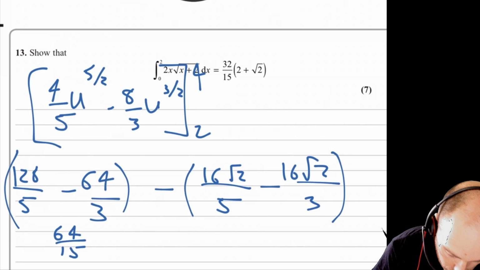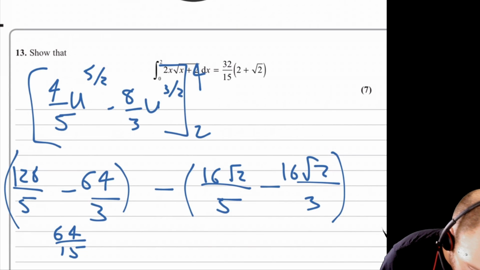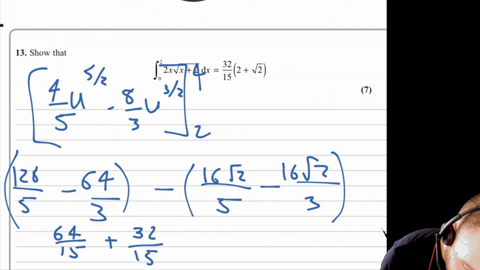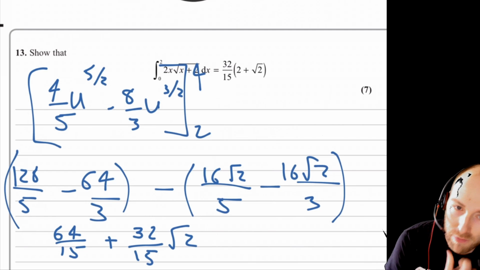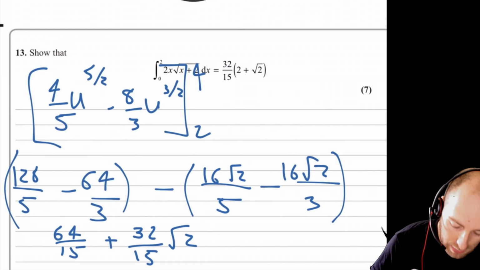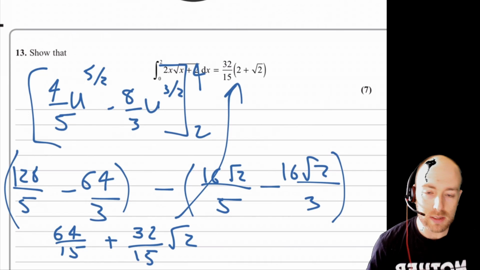And the second one, 16 root 2 over 5. It's basically 16 over 5 take 16 over 3 lots of root 2, which is plus 32 root 2 over 15. Take out a factor of 32 over 15, and we get to the answer we needed.